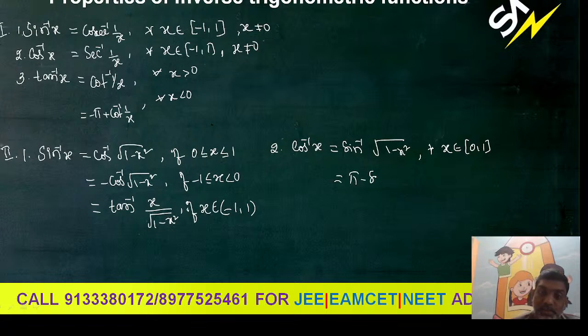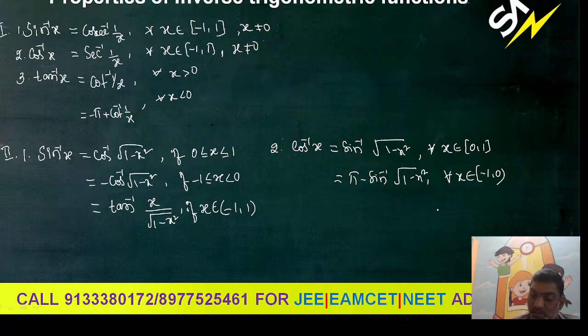If it is pi minus sine inverse of under root of 1 minus x square, then we can write here for all x belongs to closed interval minus 1 comma 0 open, right?